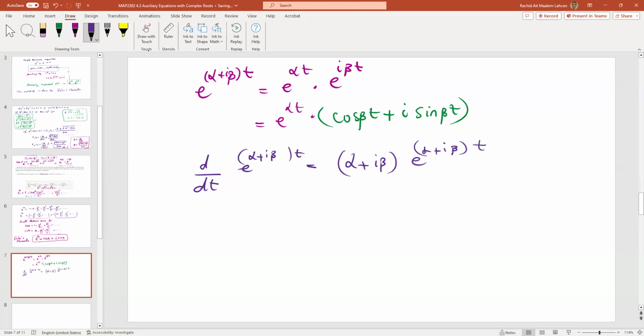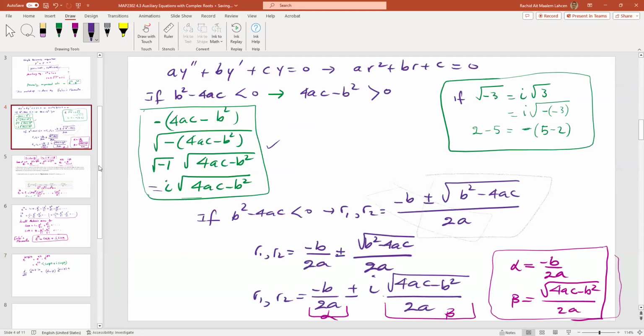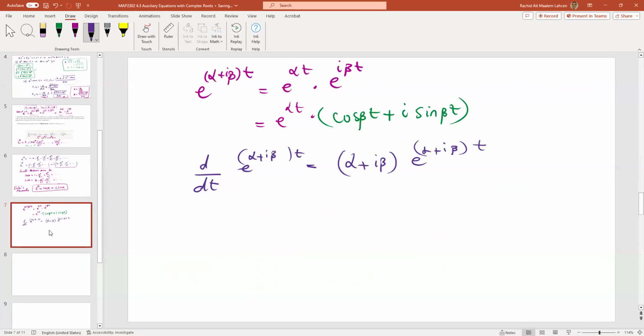And with the choices of alpha and beta, as given in this equation, remember alpha and beta here, yeah, they are. Then this complex function here is indeed a solution to the equation.